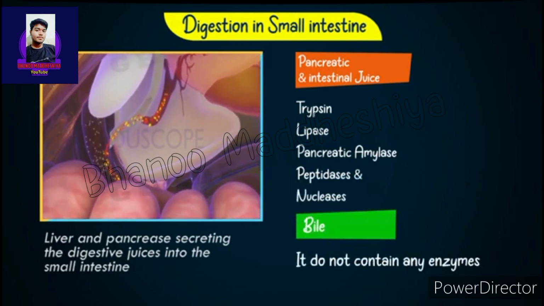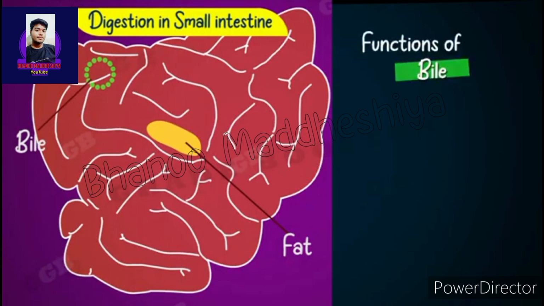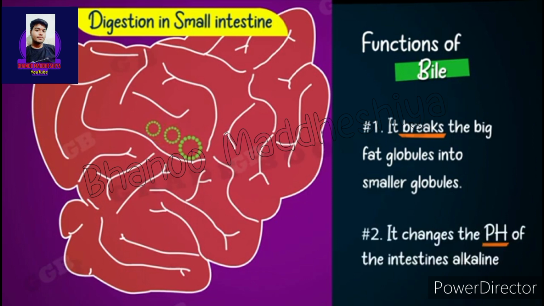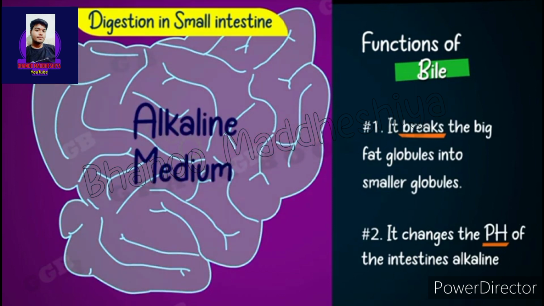Bile do not contain any enzymes, but it does 2 important things. 1. It breaks the fat globules into smaller globules, so by that the action of enzymes on fats becomes easy. 2. It changes the pH of the intestines to alkaline, because the digestion of fats and carbohydrates takes place in alkaline medium.